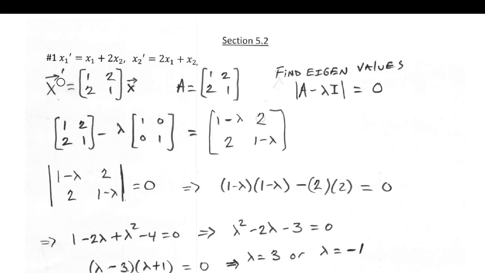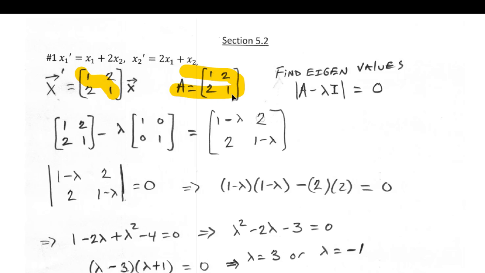So I have x prime as a vector equals the A matrix, and the A matrix comes from the coefficients of each of these equations, 1, 2, 2, 1, times x vector, and x vector is x1 and x2. Then I write over here that the A matrix is 1, 2, 2, 1.